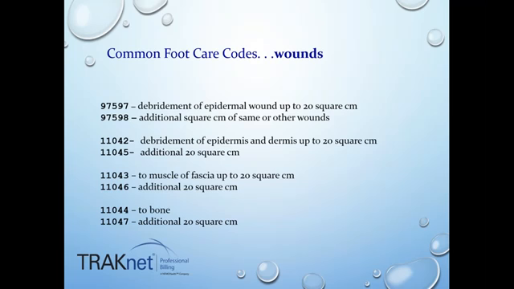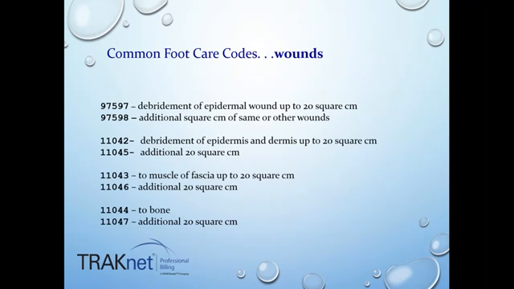So you have different levels of debridement when we're talking about wounds. And unfortunately, again, not just TRACNet Professional Billing clients, but even private consulting clients that we have, we see distribution patterns that just don't make sense. Medicare has data.